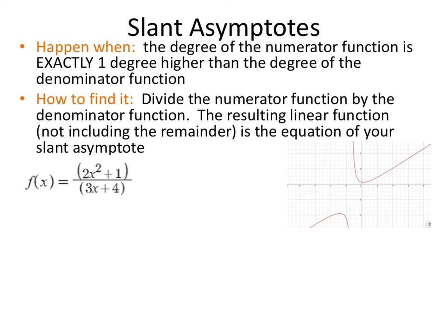So let's take a look at what this looks like when we divide the two. We have 2x squared, and a 0x, and a 1. I'm going to do this with long division just because, I don't know, it seems to be a dying art, and we're dividing by 3x plus 4.